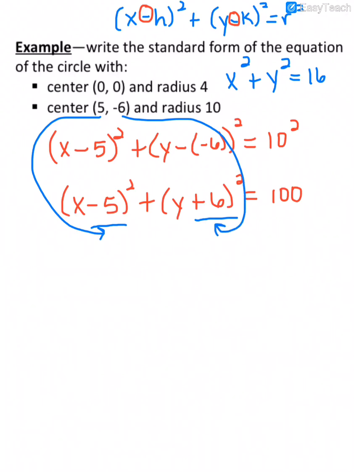So you see it has the opposite sign once we plug it into the equation. In the equation, my 5 looks negative and my 6 looks positive, but my actual center has the 5 positive and the 6 negative. So just be aware of that. When you're given an equation of a circle and you have to pull out the center, you're going to need to change the signs of those numbers, because we started out with a negative in the equation.